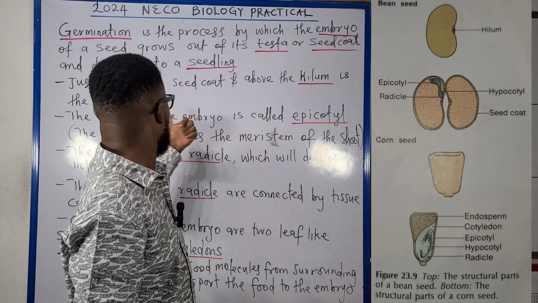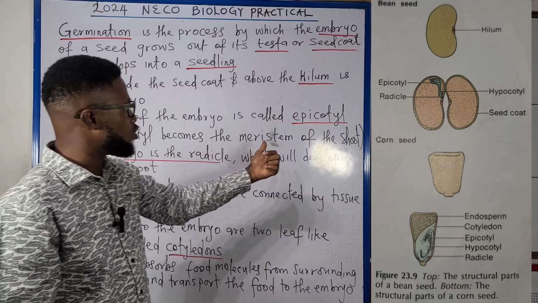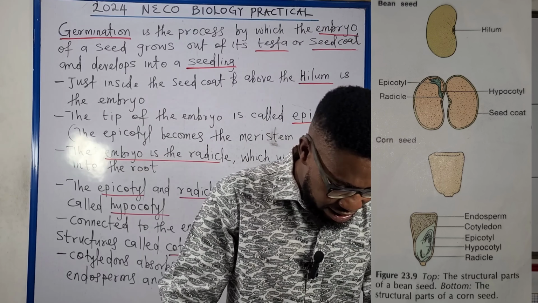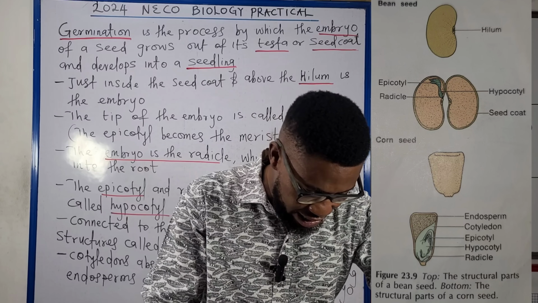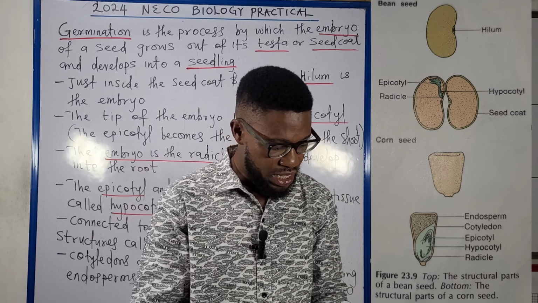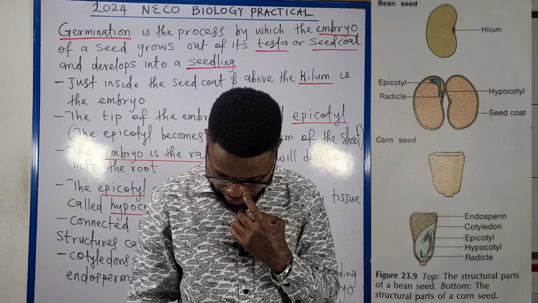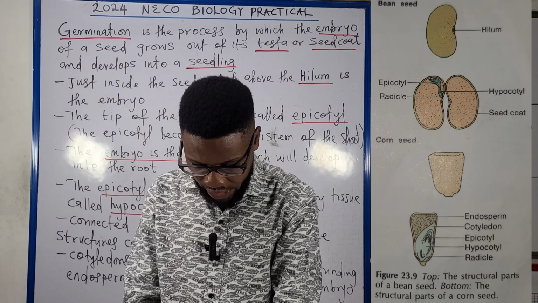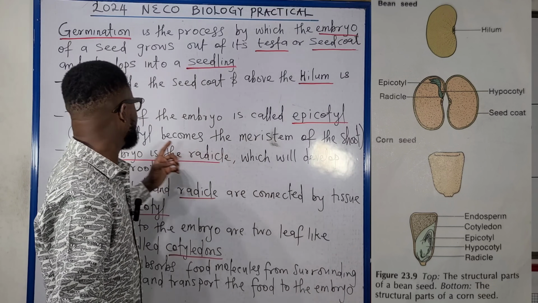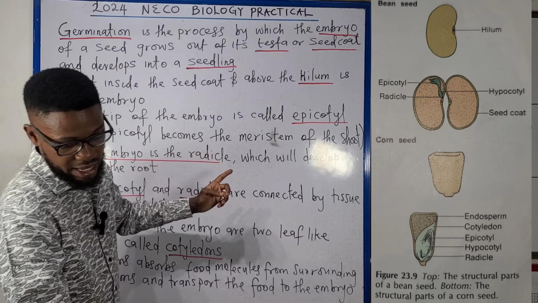I said epicotyl. The tip of the embryo is called epicotyl. Look at the inner structure of that bean seed here. You can see the epicotyl is at the tip. Even in other diagrams, as you can see for maize seedling, you can see the labeling of the epicotyl. It is the tip of the embryo.